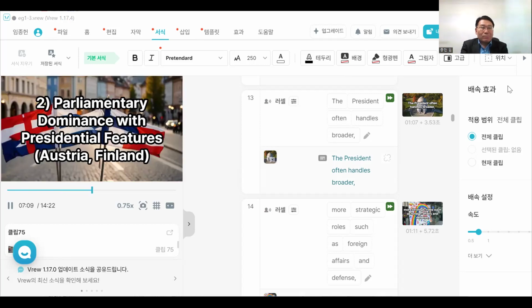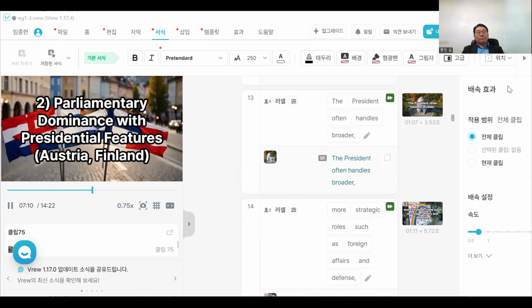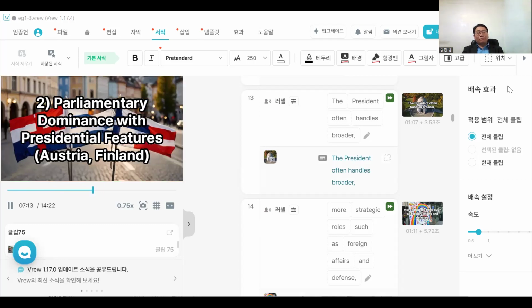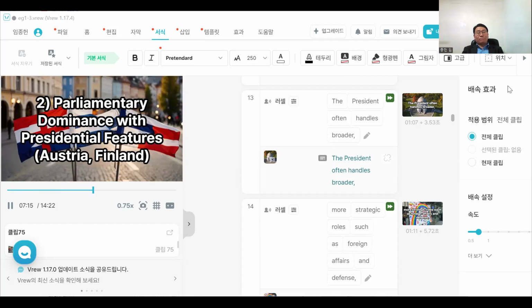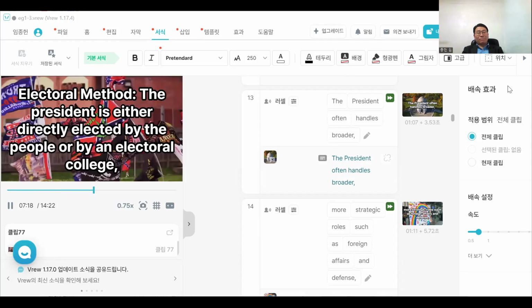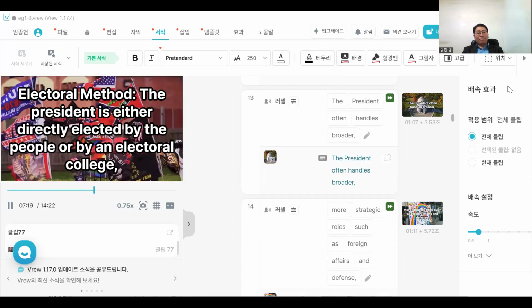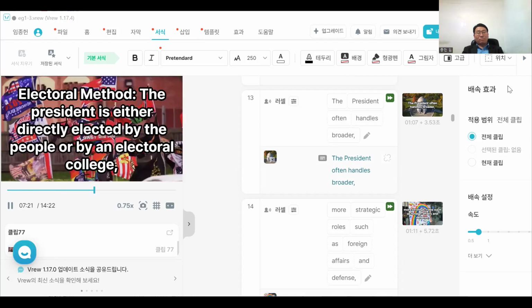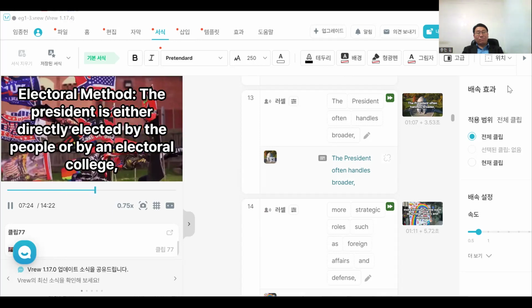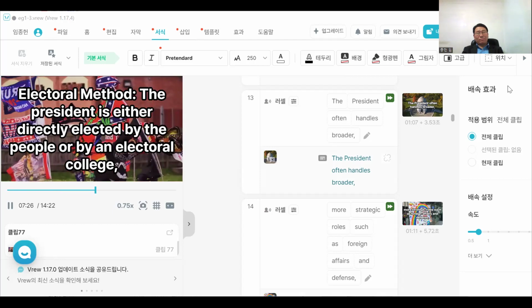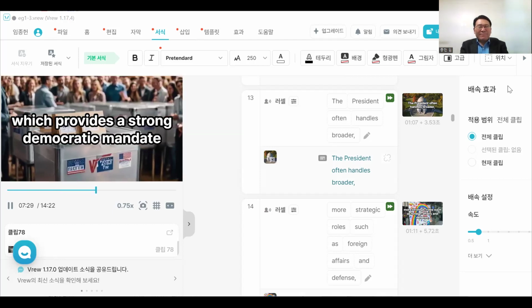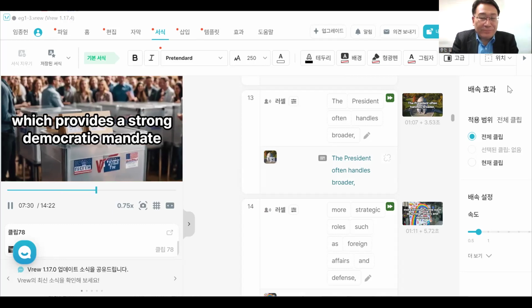2. Parliamentary dominance with presidential features. Austria, Finland. Characteristics. Electoral method. The president is either directly elected by the people or by an electoral college, which provides a strong democratic mandate.